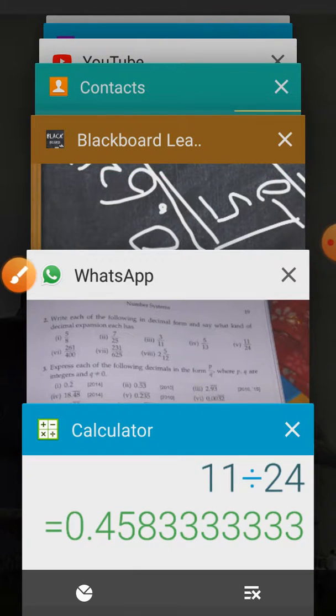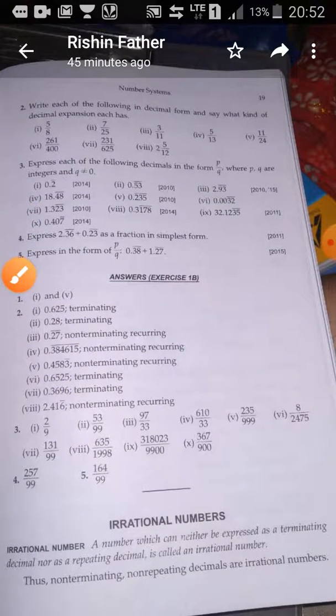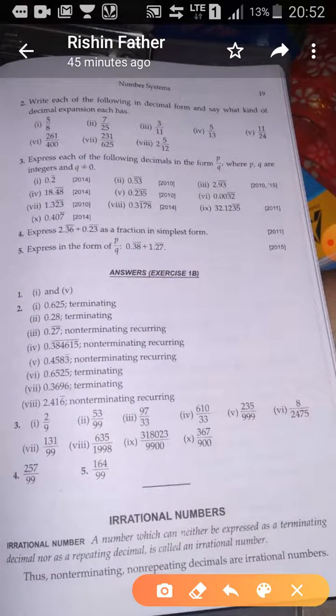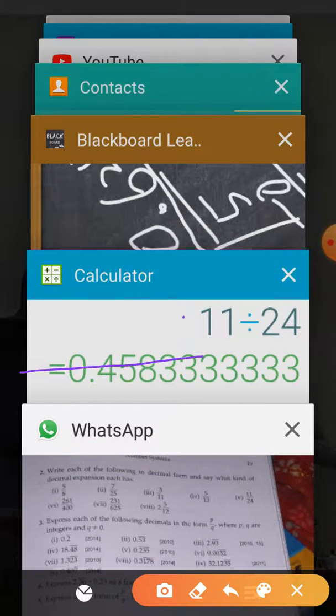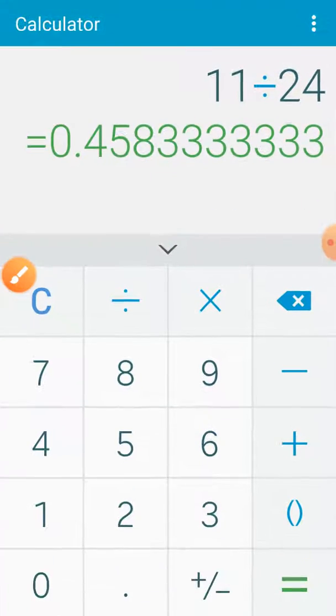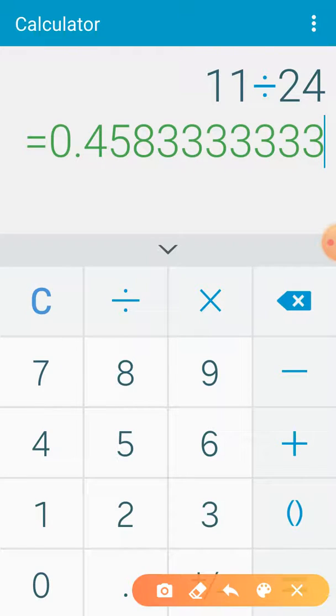Number 5, the answer is non-terminating recurring. Understood? So even if there's a pattern at the last, like here there was a pattern at the last, 0.458 and then 33333, this one also you will write as NT, meaning non-terminating.